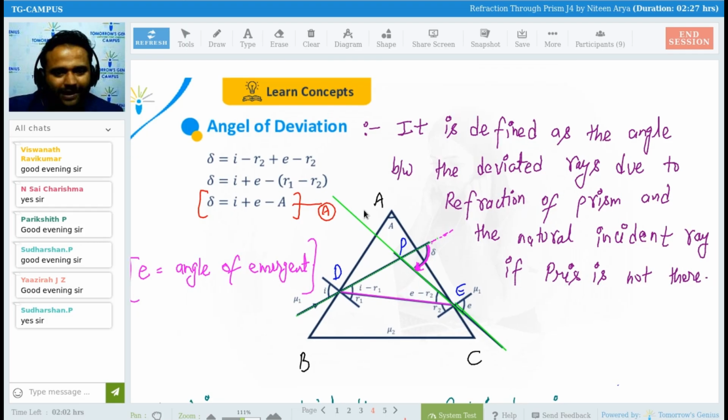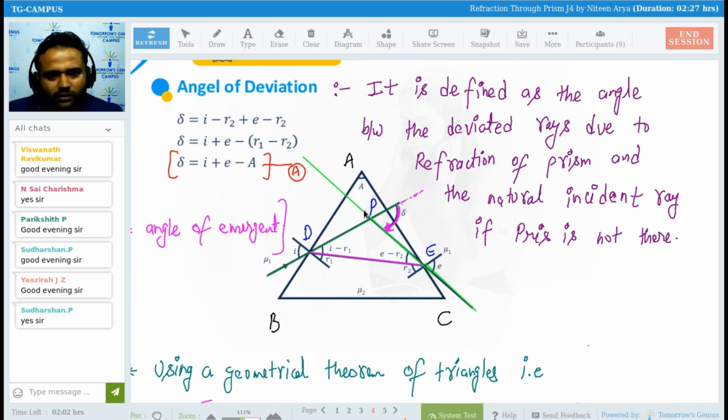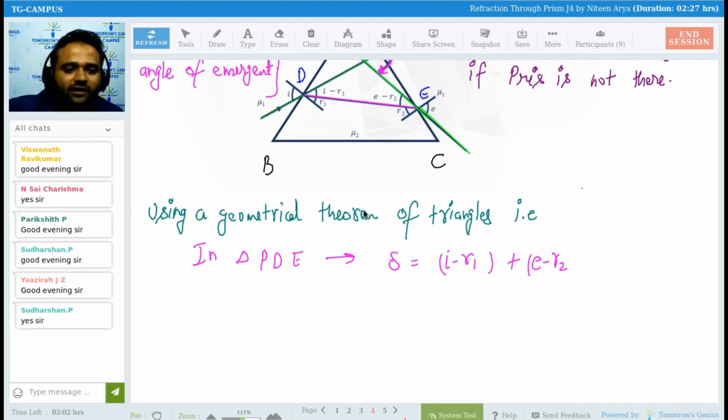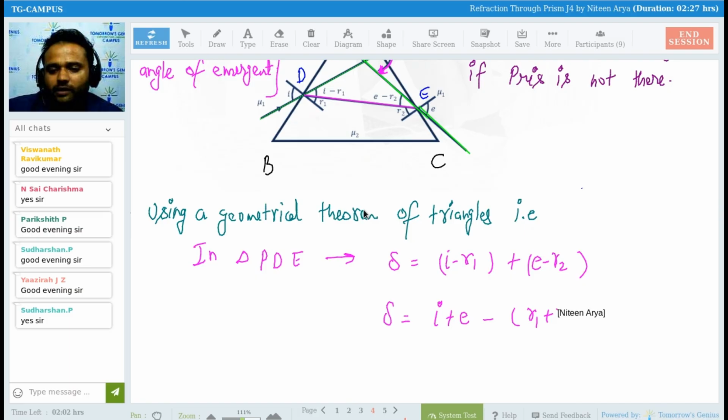Now i minus r2 plus e minus r1, that is going to be 1. Clear, everyone? So simply after this theorem, as you can see, we take the minus sign common and separate it. I can write this in this way also: angle of deviation is i plus e minus of r1 plus r2. And we know that r1 plus r2 is angle A from the previous page, angle of prism is equal to r1 plus r2.